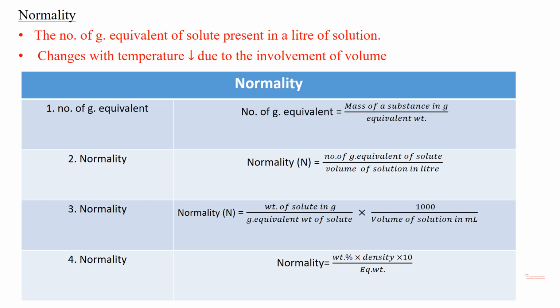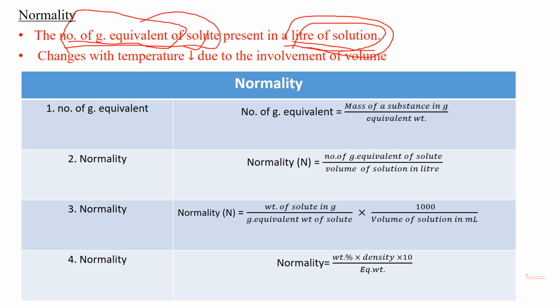Normality. Normality is the number of gram equivalents of solute present in a liter of solution. It means how many gram equivalents of solute are present in one liter of solution, which denotes the normality.